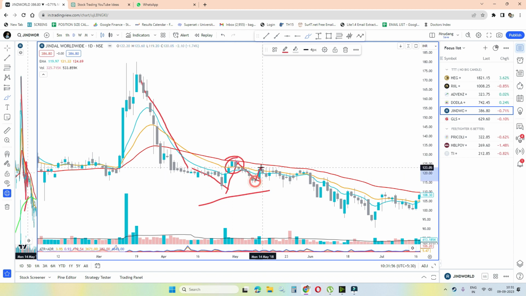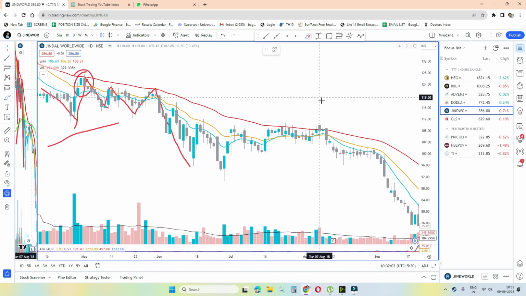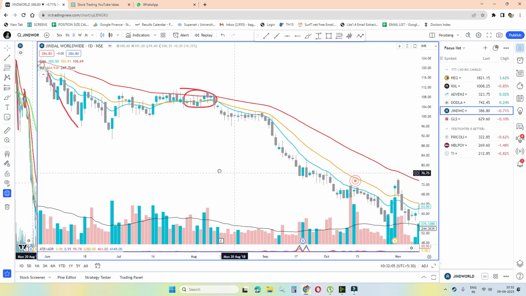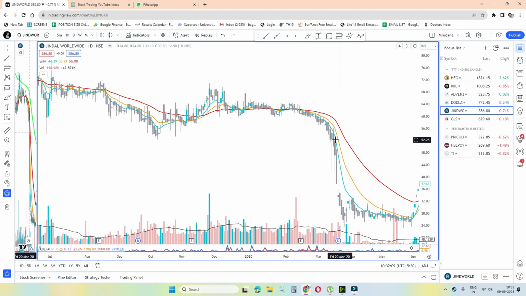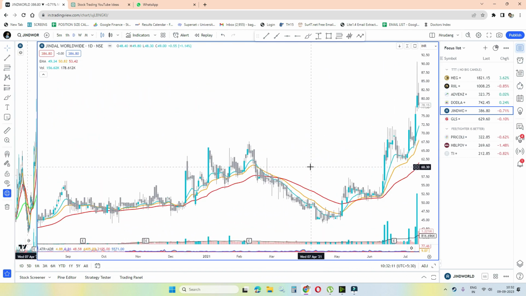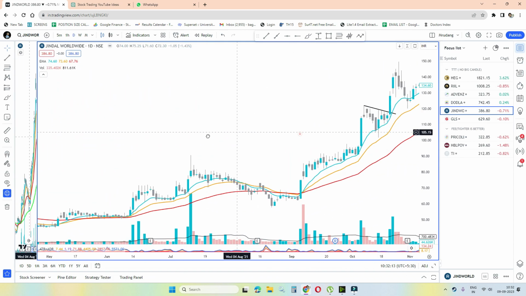It fell down. Again, it tried to go up, fell down. Again, it tried to go, fell down. Again here it tried to go up but fell down. So these moving averages work, and they have proven their strength time and time again.